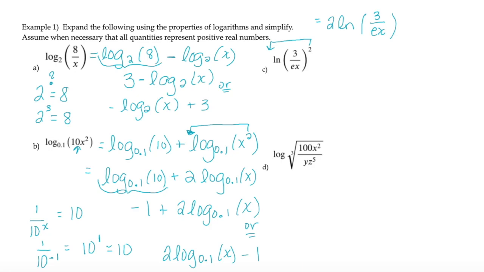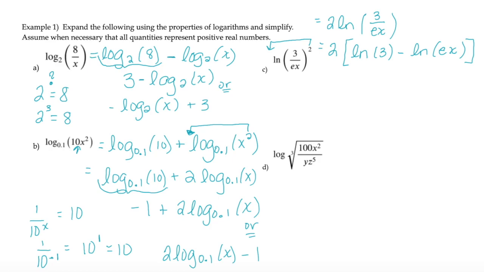Now I'm going to use the quotient rule to undo the division. But keep in mind that 2 is being multiplied by the entire thing. Even if I am expanding this to the natural log of 3 minus the natural log of ex, 2 is still being multiplied by that whole part.